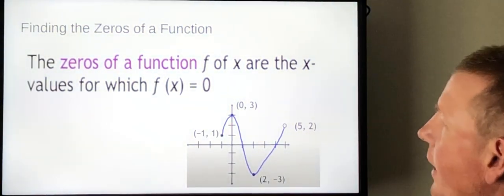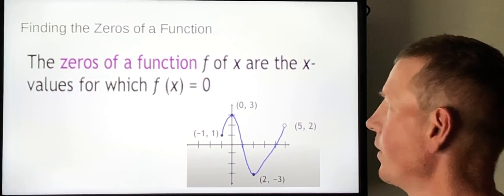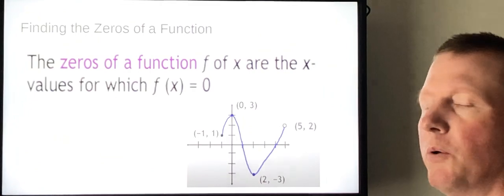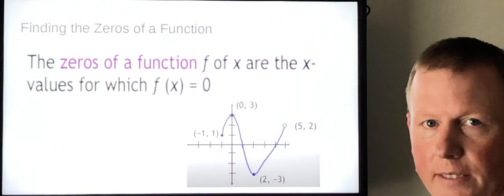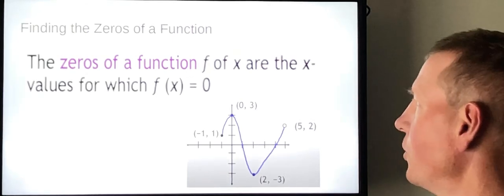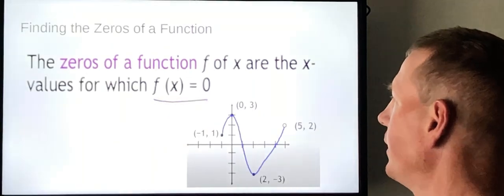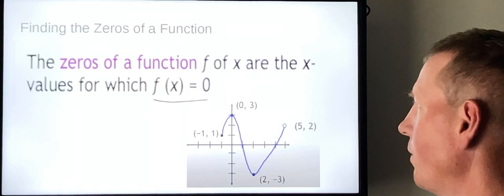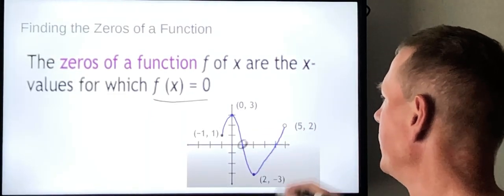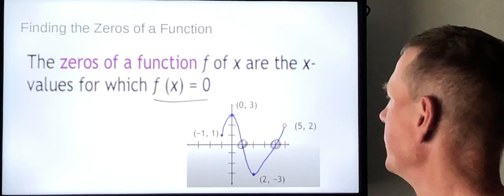Next concept, finding the zeros of a function. Remember, the zeros, or the solutions of a function, are where the graph passes through the x-axis. In other words, it's where f of x equals 0. If I'm looking at this graph, here's where the line crosses through, and here's where the line crosses through.